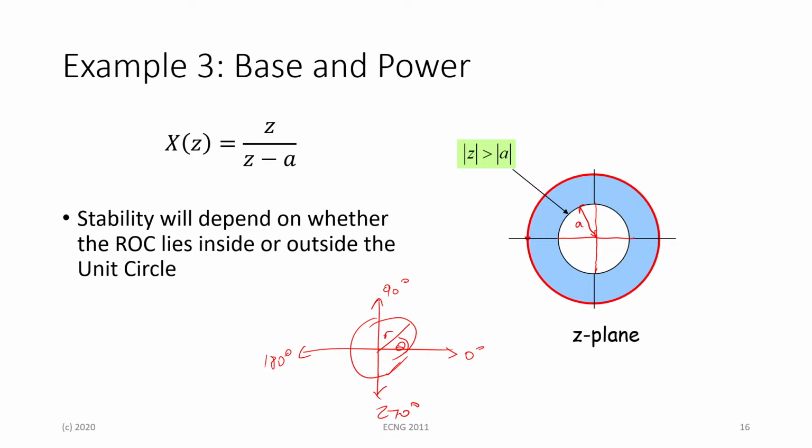Tomorrow's lecture is going to focus on how we actually use the Z-transform to solve for our discrete time systems, basically where we start with our difference equations and then move towards solving those difference equations using the Z-transform and the inverse Z-transform.